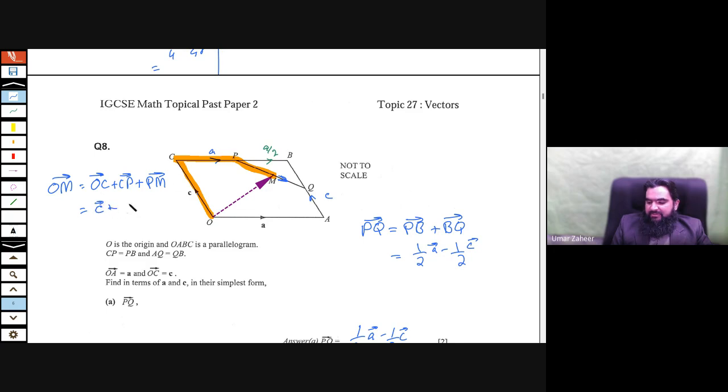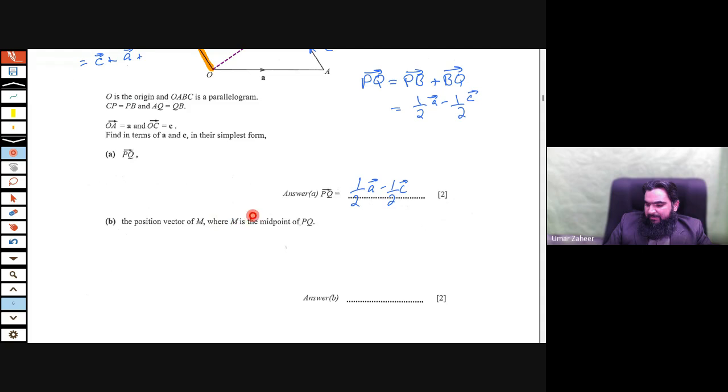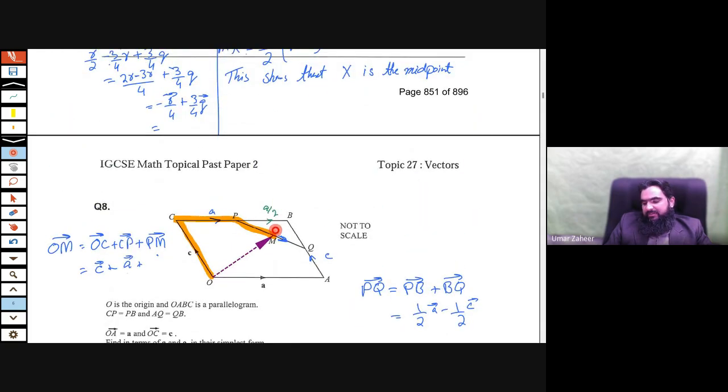CP is given, that is A vector. And PM is basically half of PQ, because M is the midpoint of PQ, so we can conclude that P to M is equal to half of PQ.